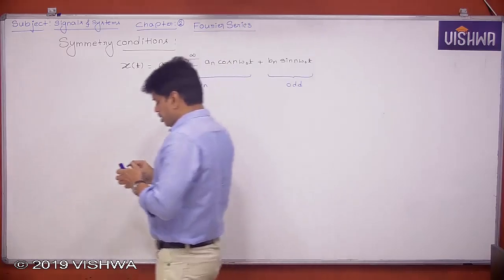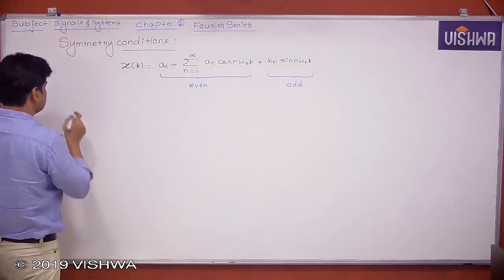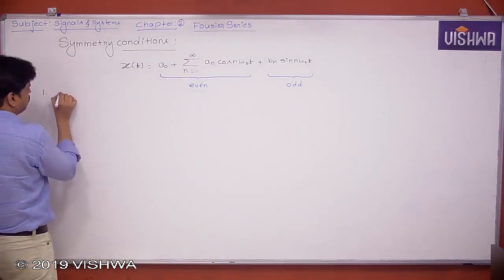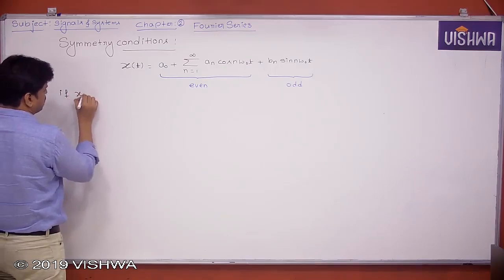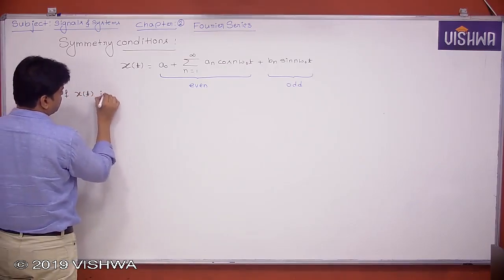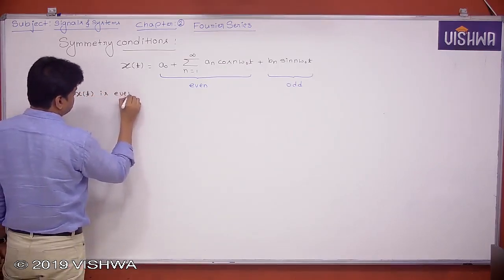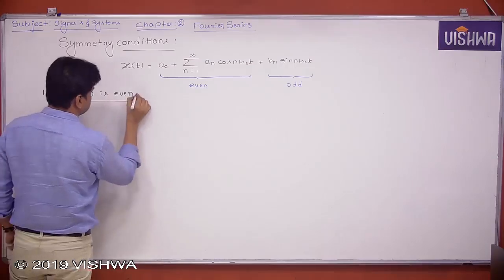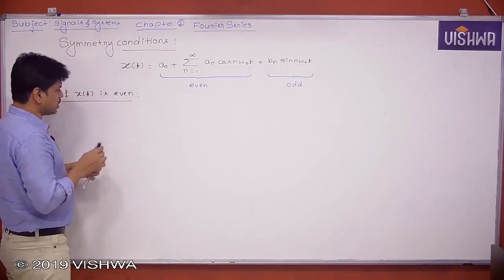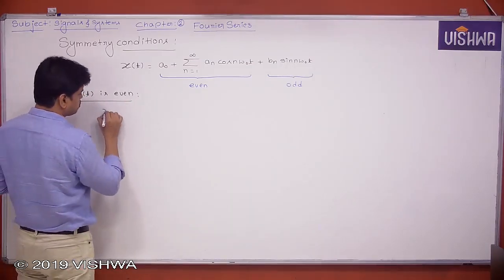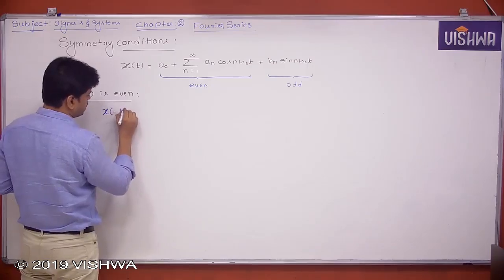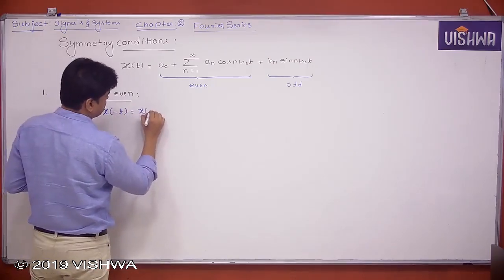So remember, first condition, if x of t is even, then what is the condition it will satisfy? X of minus t is equal to x of t.